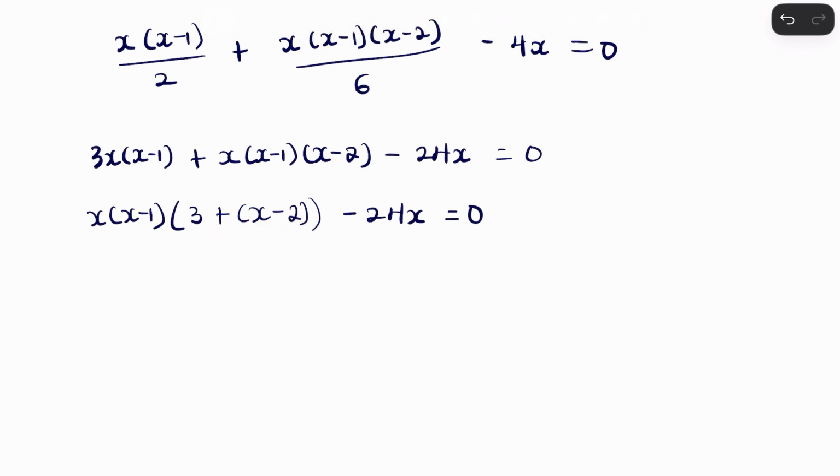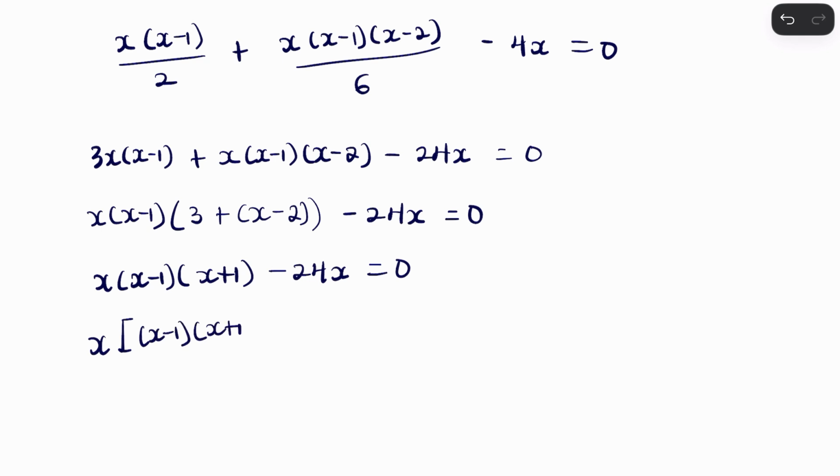So you're going to have x times x minus 1 times x plus 1 minus 24x is equal to 0. So here we are going to factor out x from these two terms, right? So doing so, you're going to have x out, then you have x minus 1 times x plus 1 minus 24 is equal to 0.